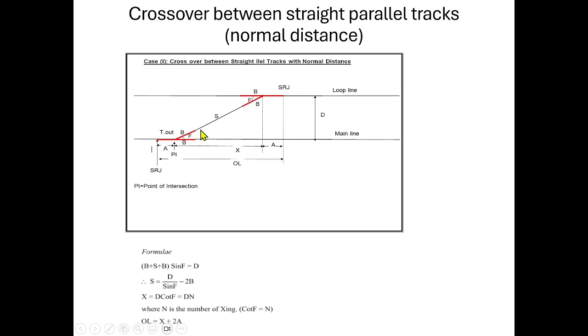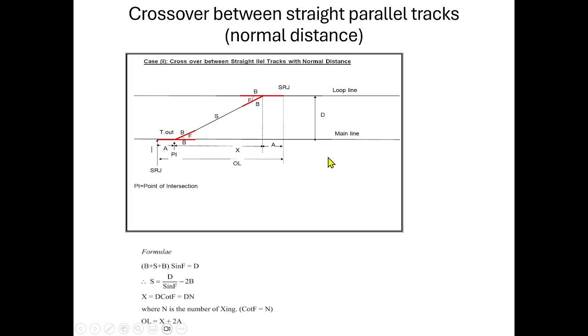Relating d and the hypotenuse, we can use the sine rule. So sine f is equal to opposite d divided by the hypotenuse. The hypotenuse is here 1b and s and b, so 2b plus s. From there you can find out the s distance. So s distance is equal to d by sine f, minus 2b. So it's a very simple calculation.